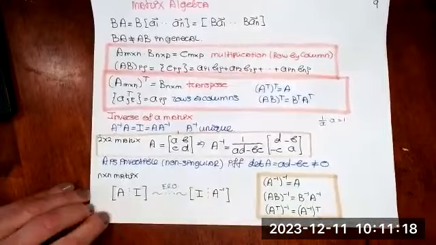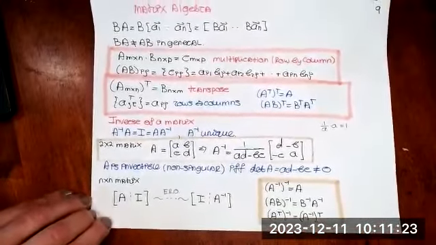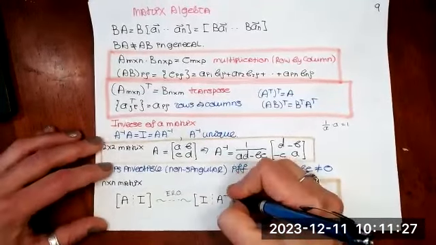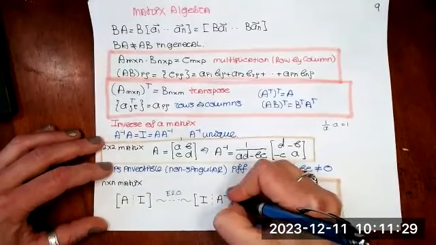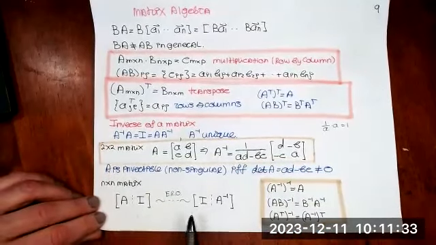But if you start getting 3 by 3, 4 by 4 matrices, then it becomes more difficult to find inverses. The easiest way to do it is to use elementary row operations.